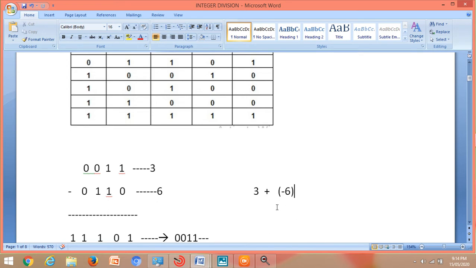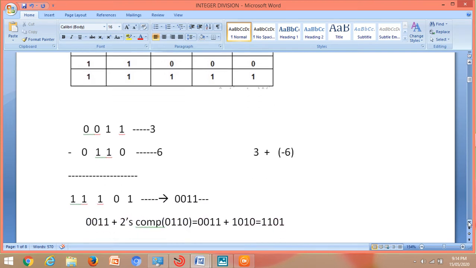So what you have to do is first take minus 6. How do you take minus 6? There are two methods, 1's complement and 2's complement. Now we are going to see the 2's complement. In addition, subtraction and multiplication, we always consider the 2's complement of a negative number. So take the 2's complement of 6.